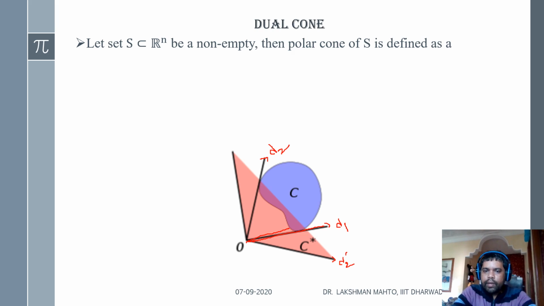Call it D2 star, because it will define the boundary of your dual cone. And this one is perpendicular to D1, so I am defining it D1 star.